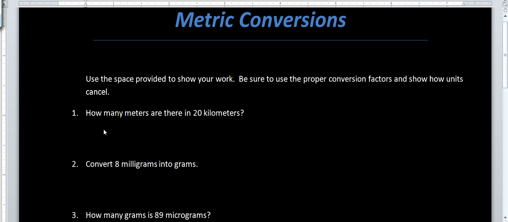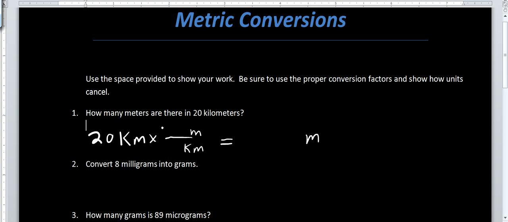So how many meters are there in 20 kilometers? We have to write what our givens are, 20 kilometers. And I'm looking for meters is what you want to convert to. So you use a conversion factor that will cancel kilometers and turn them into meters.